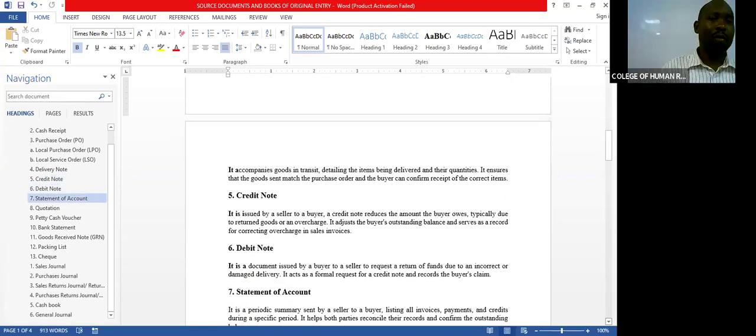Another source document that is commonly used in businesses is the credit note. A credit note is issued by the seller to the buyer of the goods or services to correct an overcharge. And this overcharge normally arises as a result of goods returned.